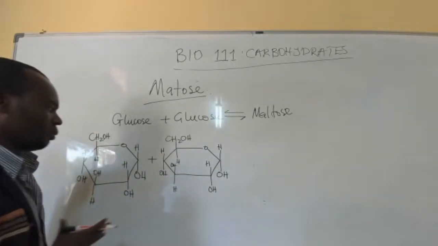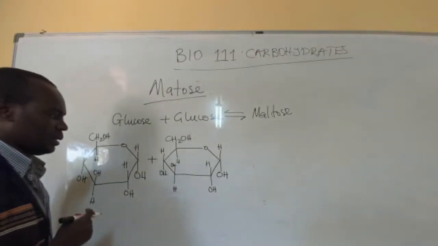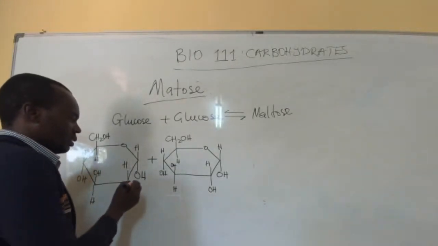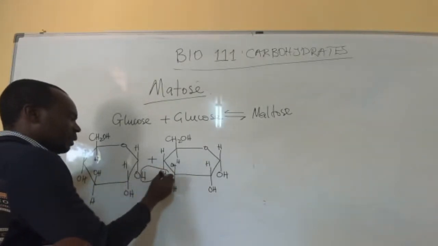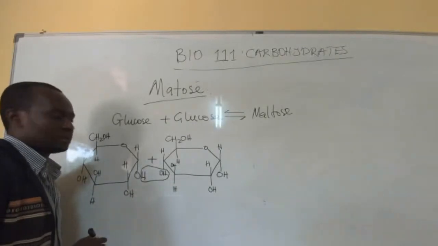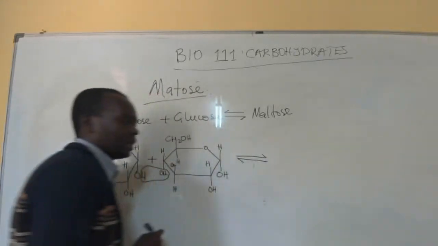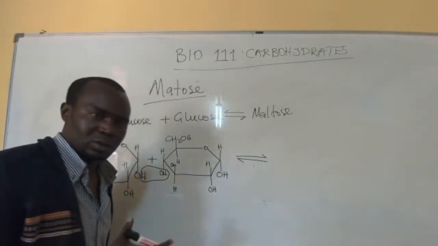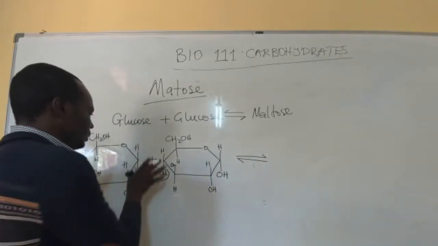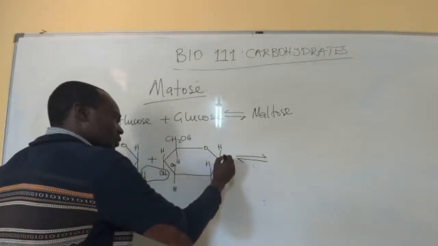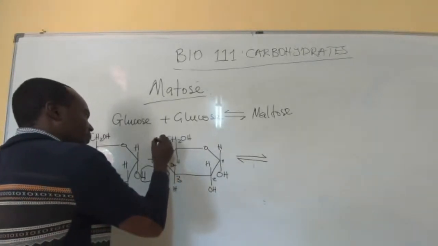when two glucose monomers undergo a condensation reaction, what actually happens is that a water molecule is liberated, or rather expelled out of the reaction. That's why we are calling it dehydration, meaning water is lost. Okay, so remember, this is your carbon 1, carbon 2, carbon 3, carbon 4, carbon 5, carbon 6.